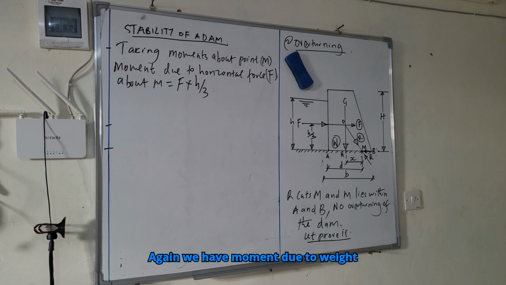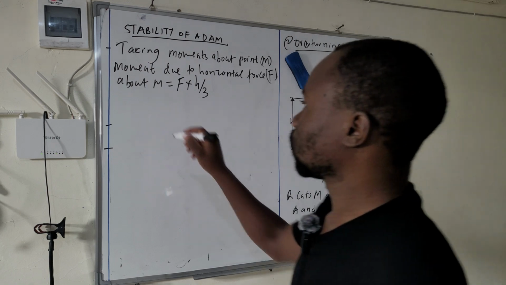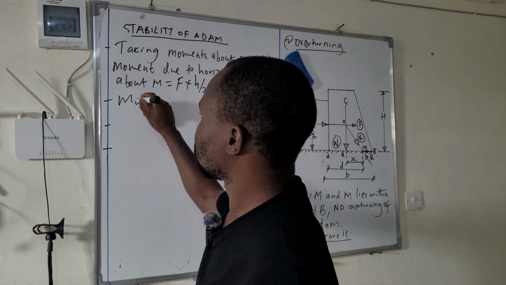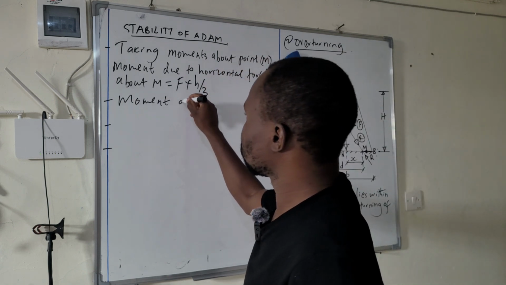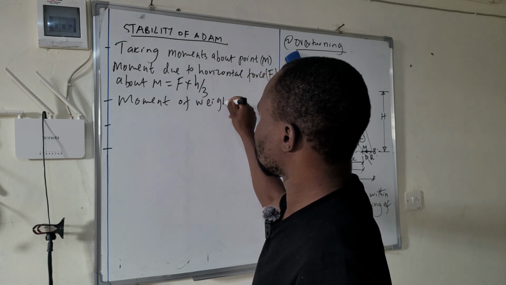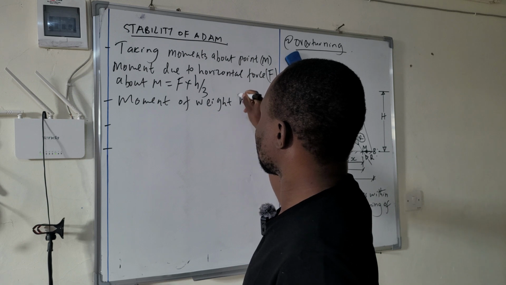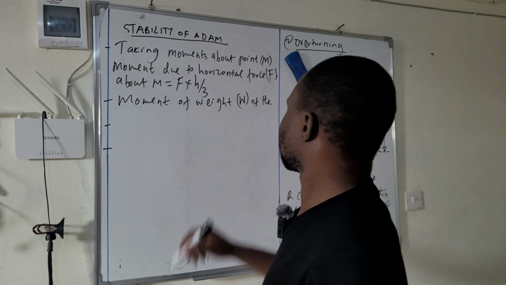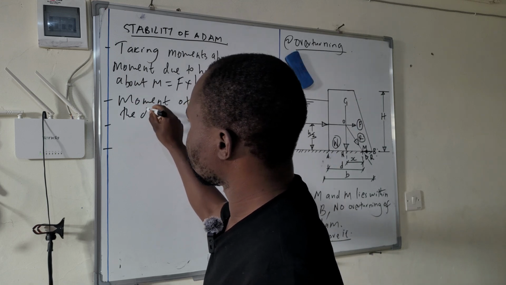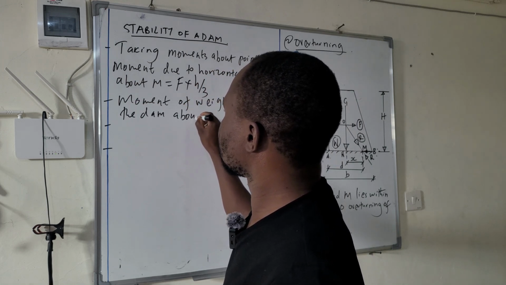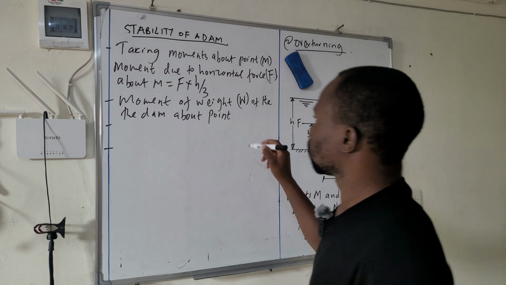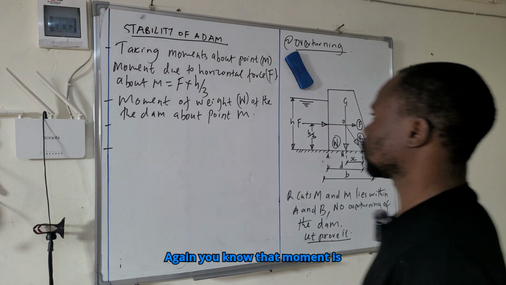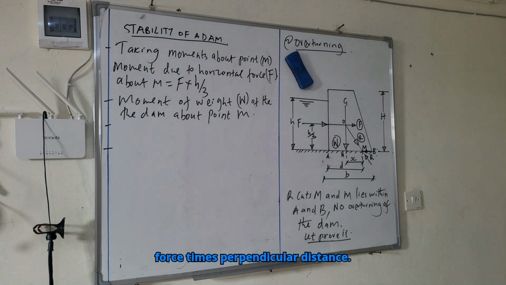Again, we have moment due to weight W of the dam about point M. Again, you know that moment is force times perpendicular distance.